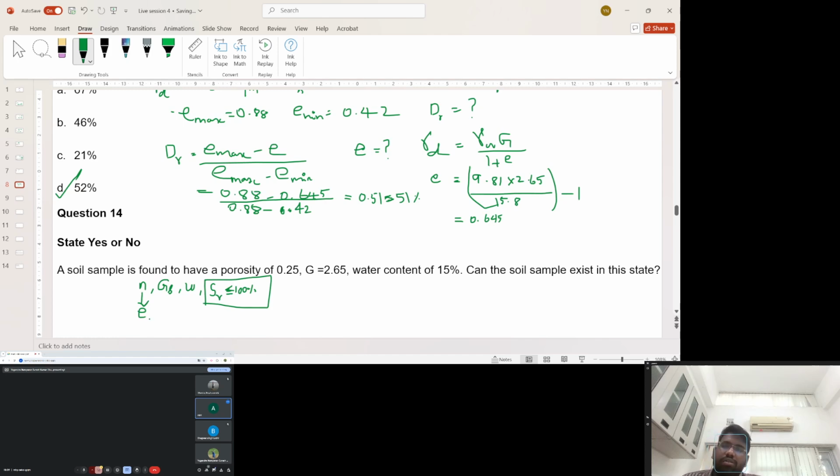Now to check that condition, we need to compute e first.